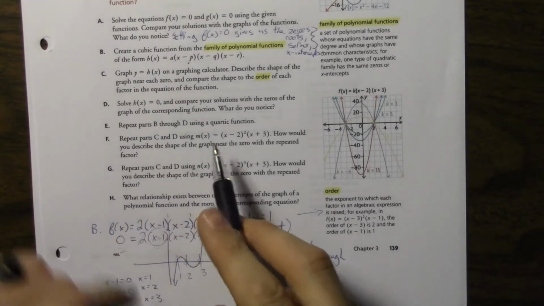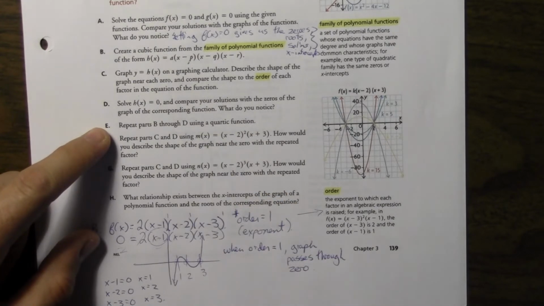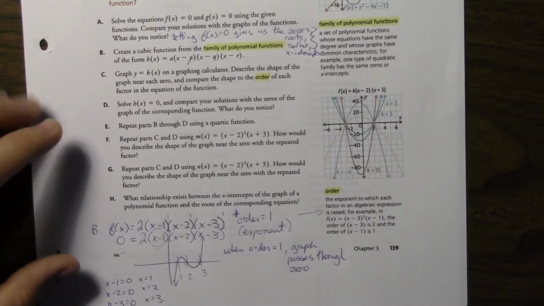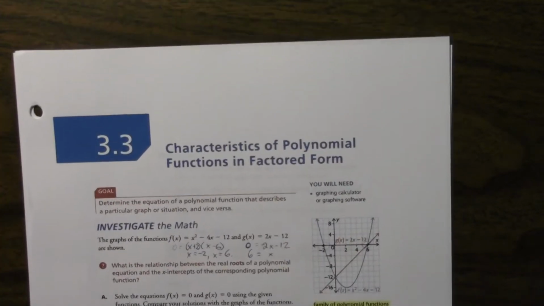E, it says repeat b through d using a quartic function. So now a quartic is to the exponent of 4. Let's do that up here.